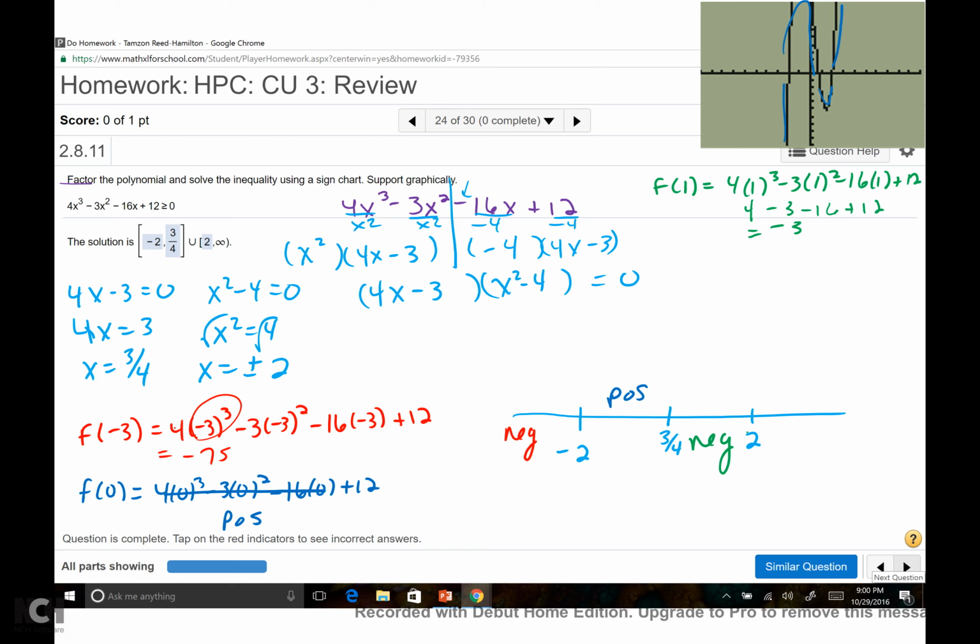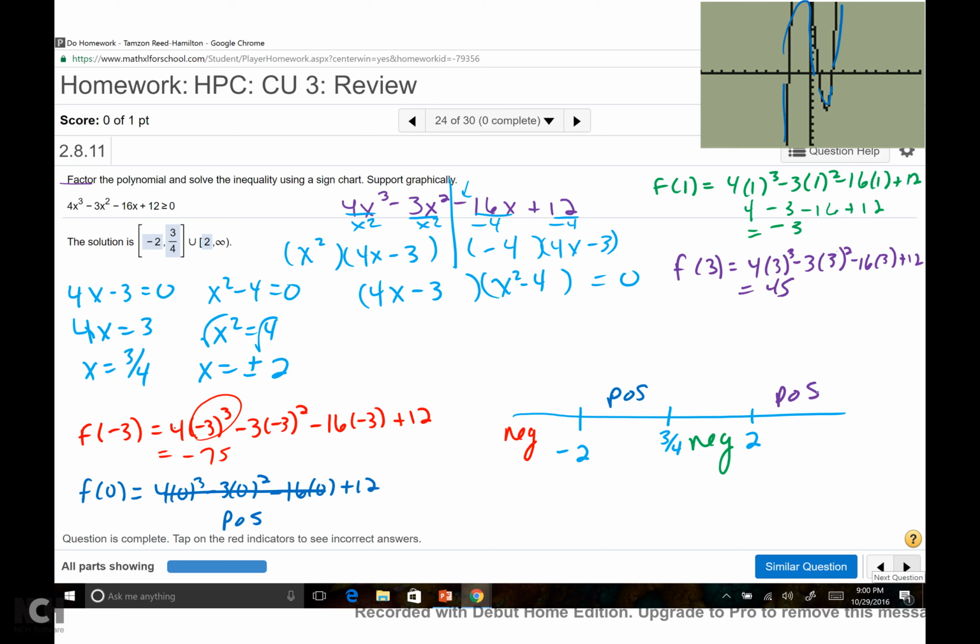And if I pick something beyond 2, like 3, I'd have 4 times 3 cubed minus 3 times 3 squared minus 16 times 3 plus 12. I get 45, which is positive.